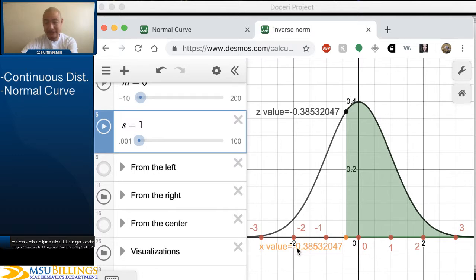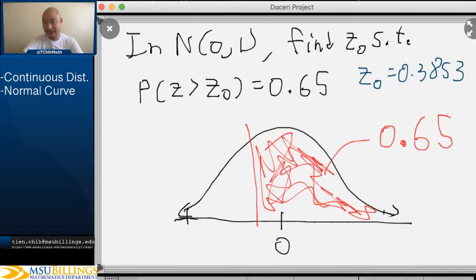And the z value here, and equivalently the x value, because we are on the standard curve right now, is 0.3853 or so. So if I go back here, I can happily say that z naught is about 0.3853, and if I pop that up here, right, I've written that here.